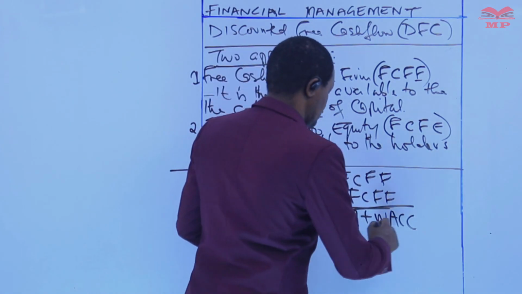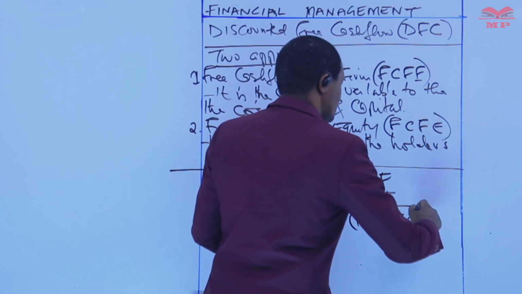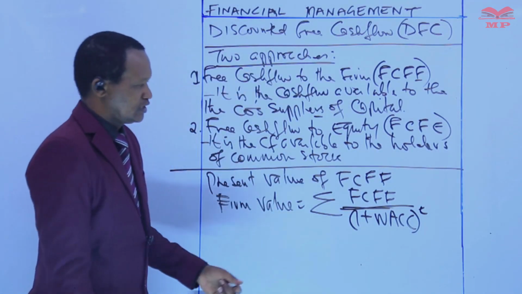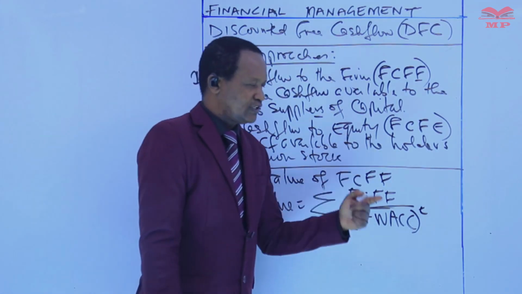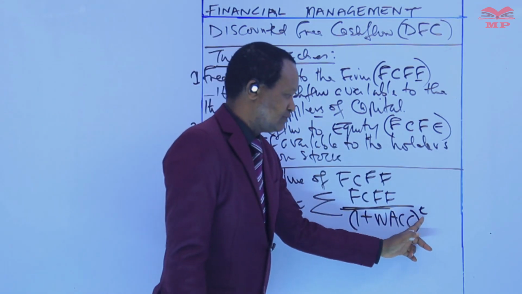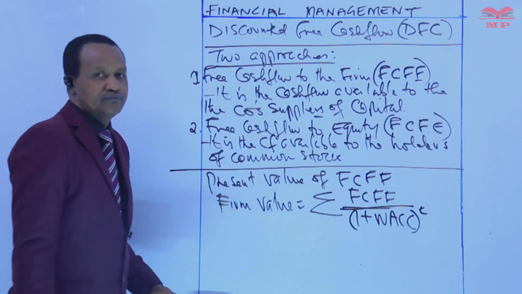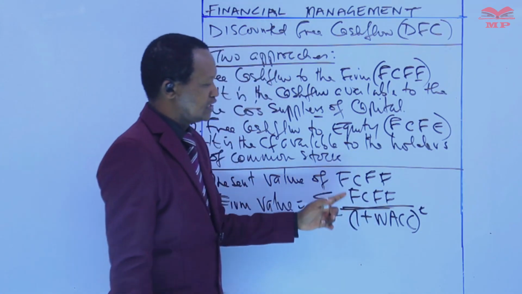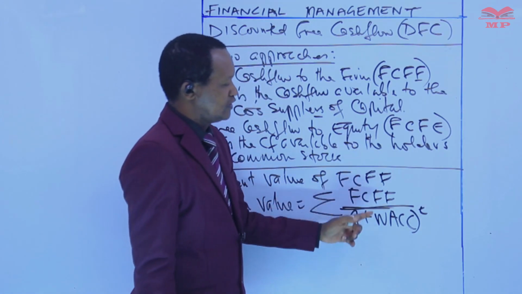Then we need to raise it to either N or T if you like. If you are getting the present value for cash flows for 5 years or 10 years, this is the period. So FCFF is the future cash flows to the firm.